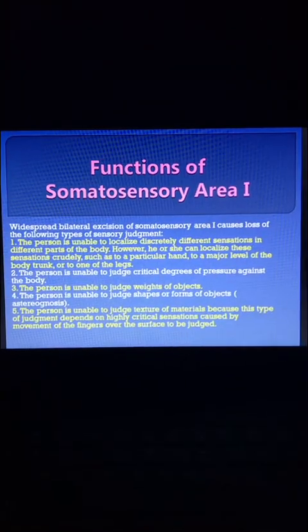These are the names and the order of the layers from 1 to 6: molecular, external granular, small pyramidal, internal granular, large pyramidal, fusiform or polymorphic. And thank you.